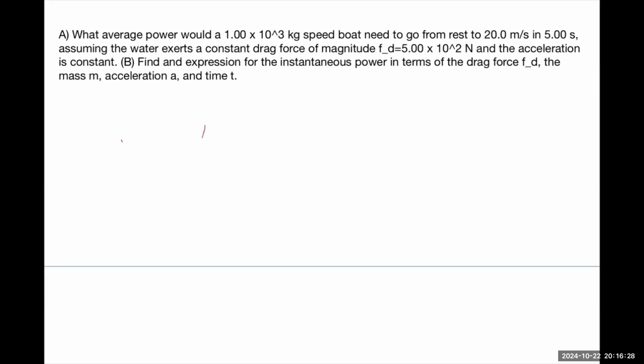So you did 1.00 times 10 to the 3 times acceleration of 4.00 meter per second squared. You said this is the force that it is pulling, 4.00 times 10 to the 3 Newton, right? Yes, that's what I did.